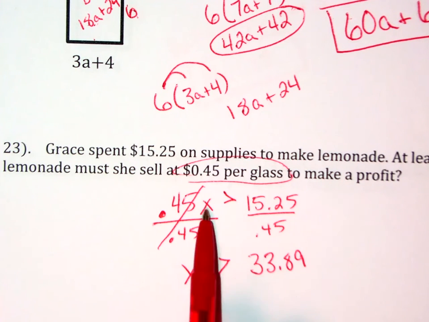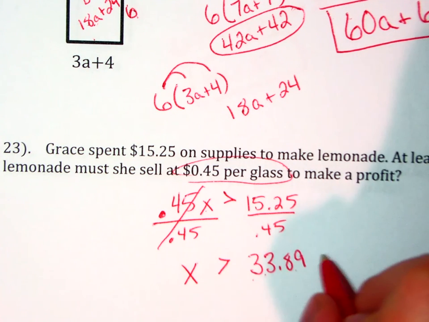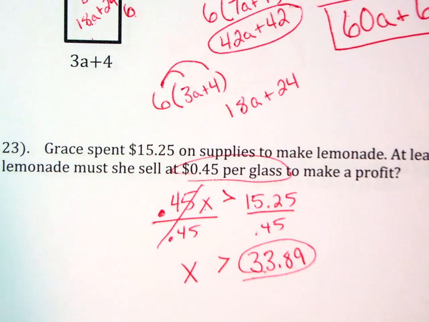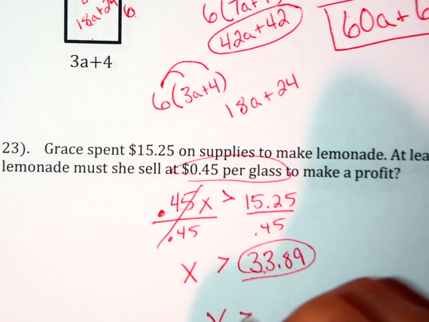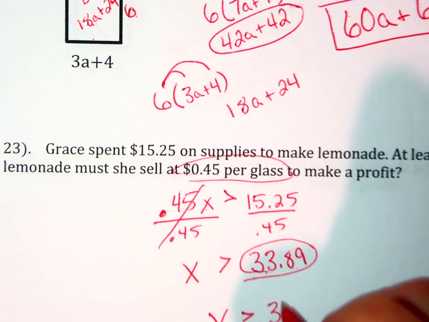Well, remember, X represented the glasses, and I'm not going to sell 33.89 of a glass. And so I need to go ahead and round this answer up to its next whole value to represent how many glasses I will need to sell to make a profit. So x would have to be greater than or equal to then 34 glasses.